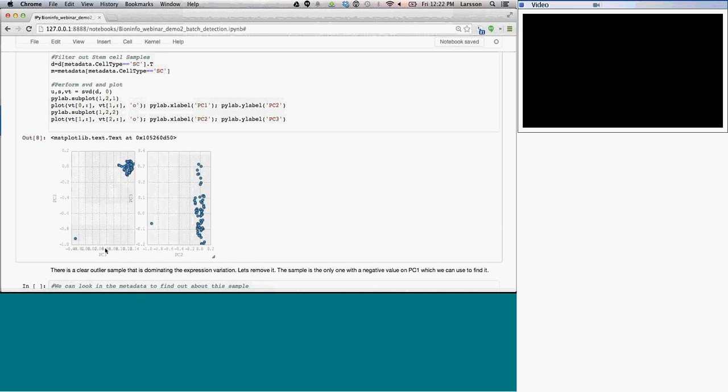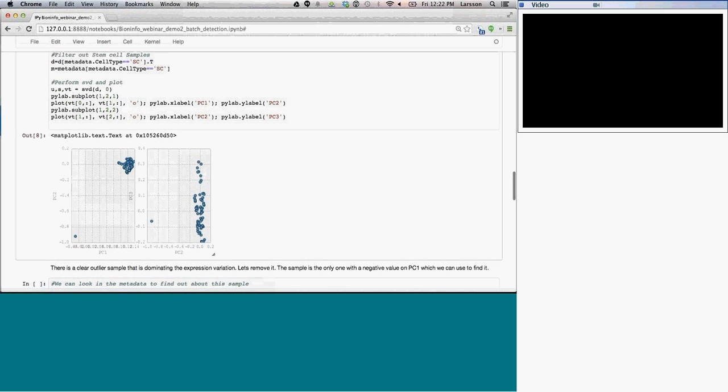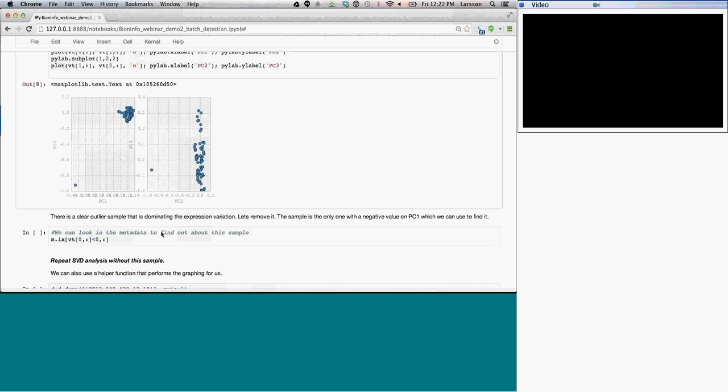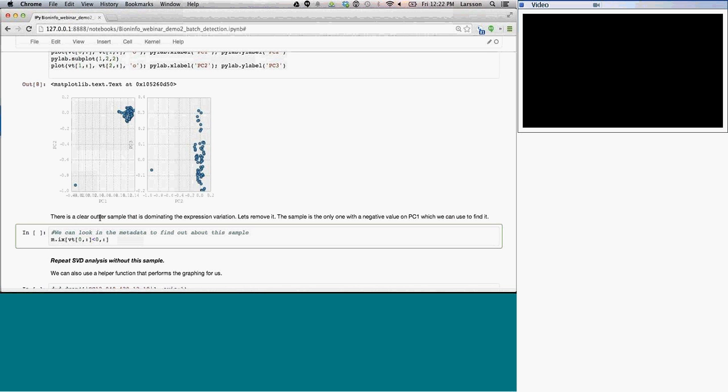It captures this in both PC1 and PC2. This one sample is a far outlier and is actually the majority of the variation in the data. We could go in and try to figure out what this means by looking at which genes are associated with this signature. But I'm going to say that this sample should probably fail the QC analysis as well. I just recently looked into this, and it turns out that this one has a very strange karyotype as well.